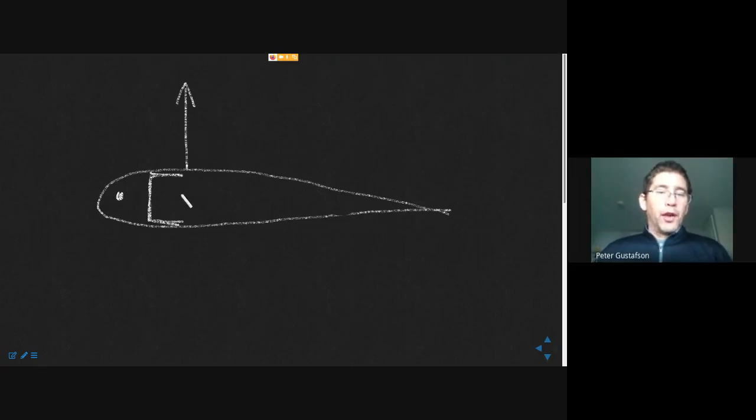So the shear resultant will be at the quarter chord. Now, what does this mean? This means as the wing is deforming due to the load that's applied, obviously relative to the shear center, it's this distance. And so this is going to cause a twisting moment like this. It's going to rotate counterclockwise in this diagram.